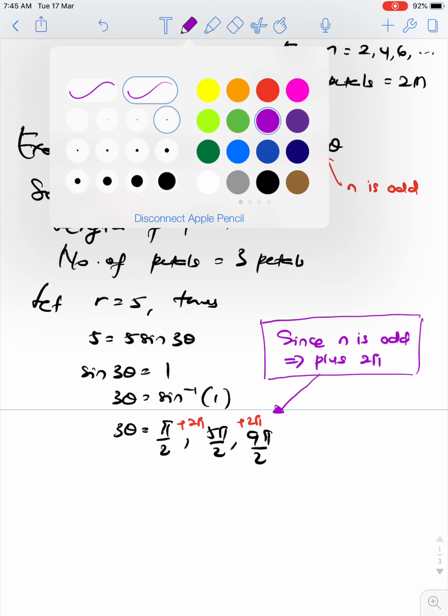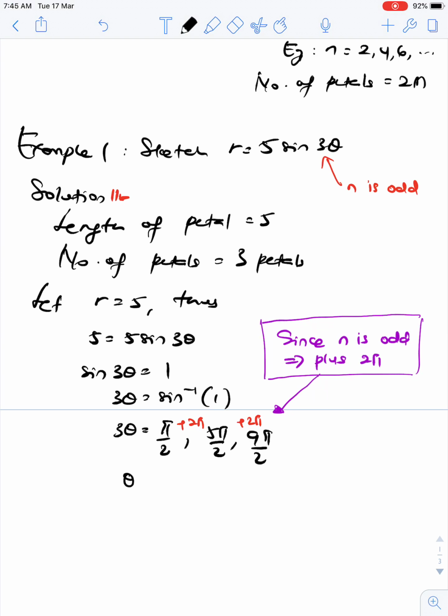Now, we have 3 petals, so 3 angles, so that's why we stop at the third angle.